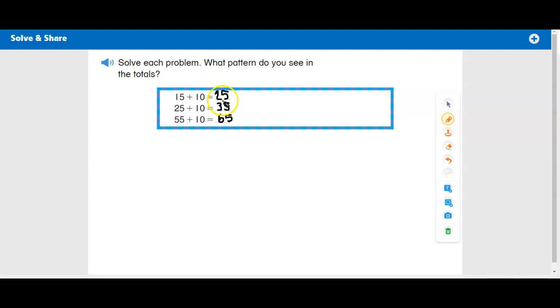One pattern I noticed is that the ones place is the same for all three numbers. It stayed the same even though we were adding 10 each time.